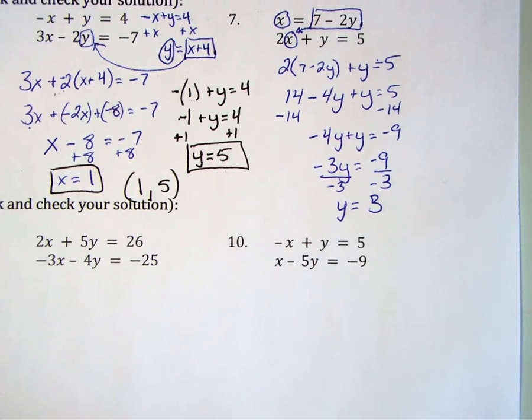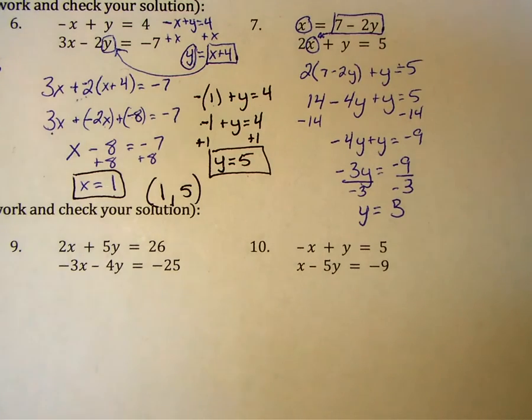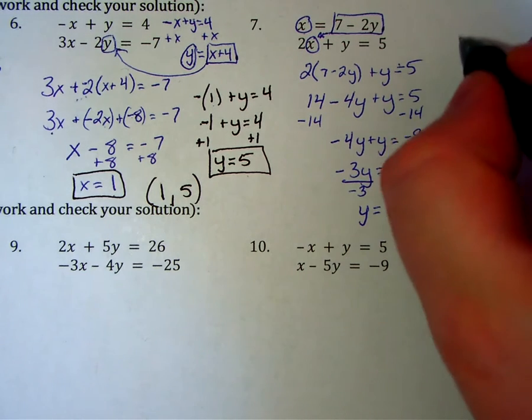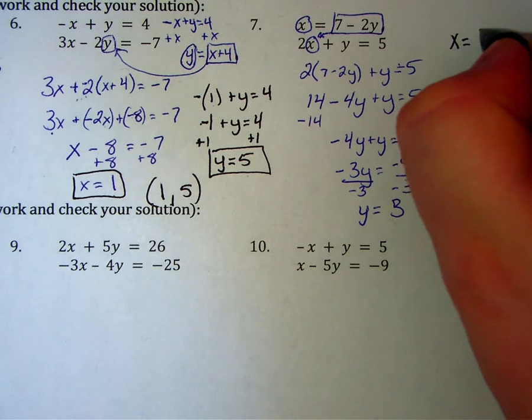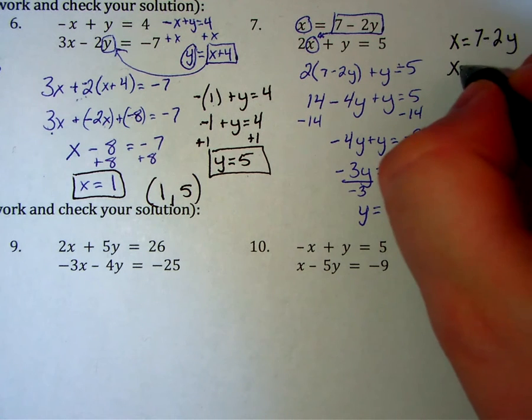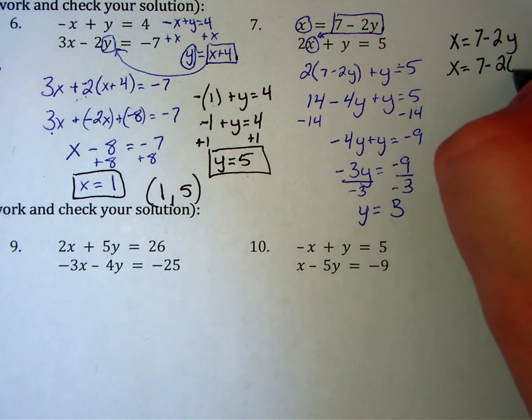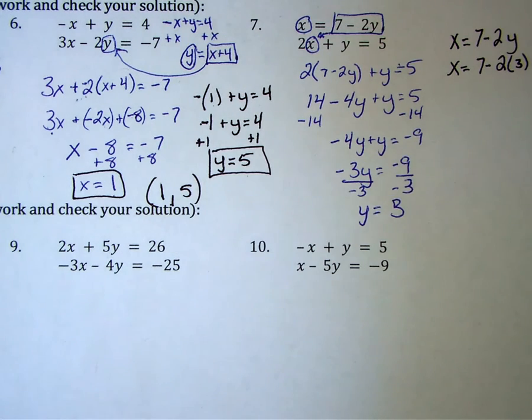Well, now that we know the value of y, we can plug that into one of our previous equations and figure out the value of x. Since my first equation has x all by itself, I'm going to use that particular equation. X is equal to 7 minus 2y. So x is equal to 7 minus 2 times the value of y, which is 3.